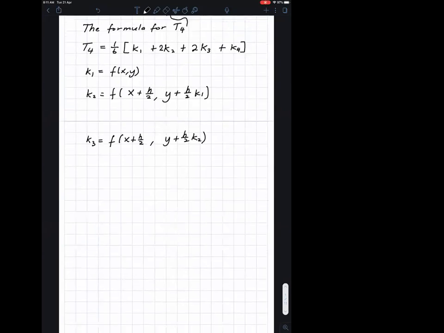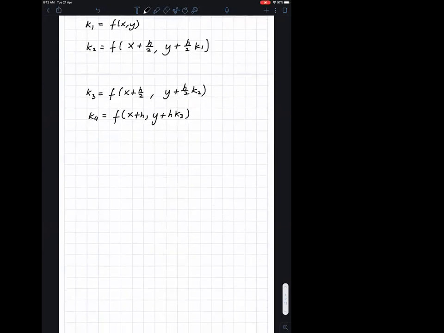K4 is a function f of x plus h, y plus h K3, and h is the step size. This is defined to be the step size, the basic step size.